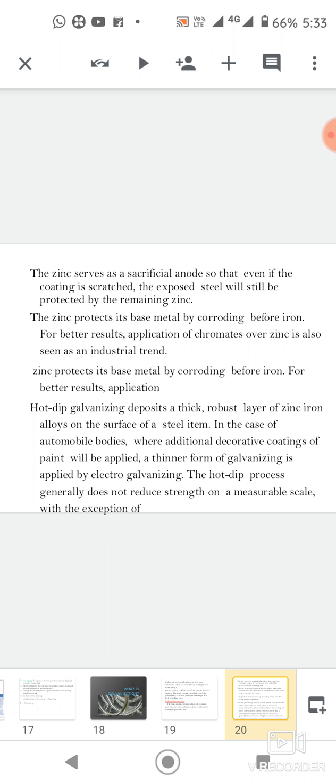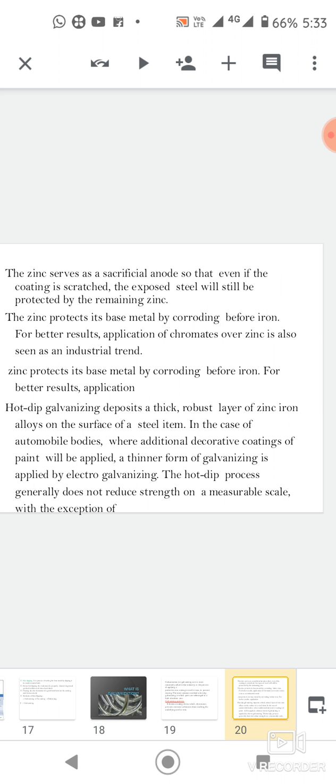The hot dip process generally does not reduce strength on a measurable scale. Zinc serves as a sacrificial anode, so that even if the coating is scratched, the exposed steel will still be protected by the remaining zinc.